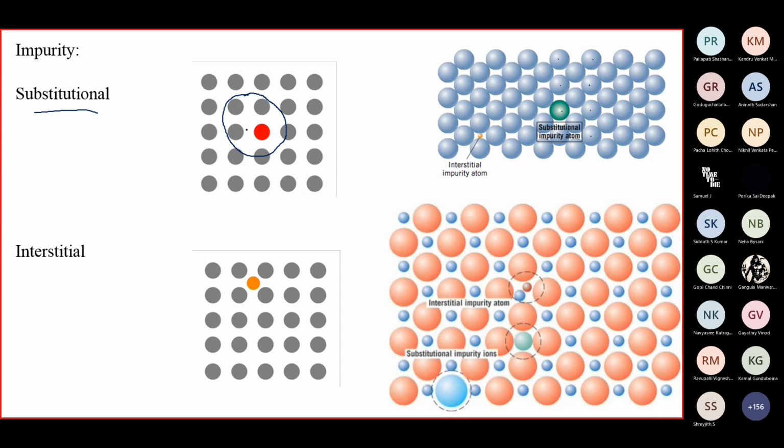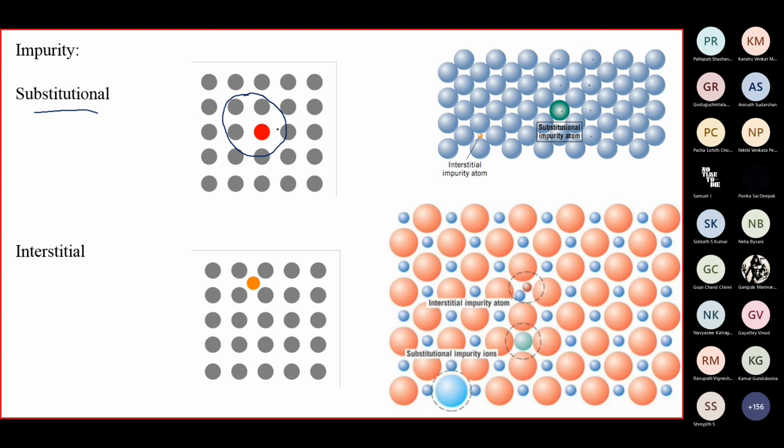In any case, whether it is smaller or bigger, obviously in this region the crystal structure also changes. First of all, bonding itself has changed. Second thing, the crystal parameters also change around here. Because of that, again, the energy distribution around this area will be different from the rest of the material.